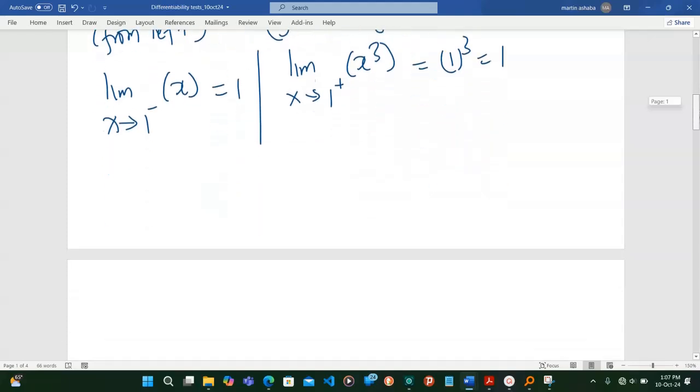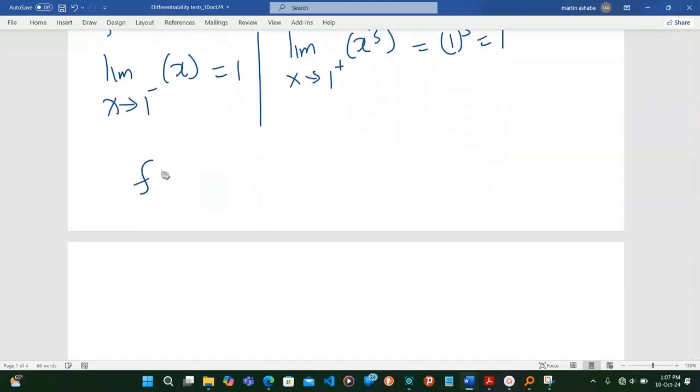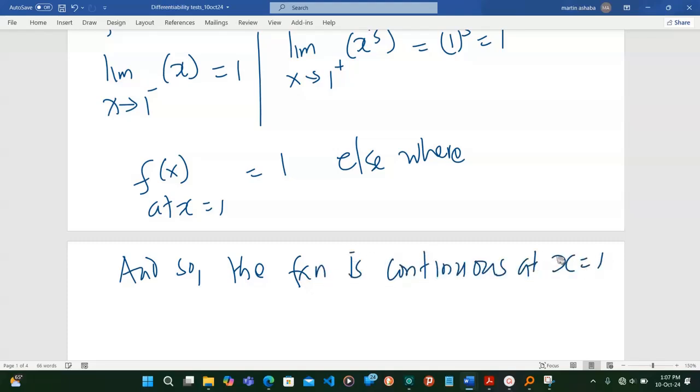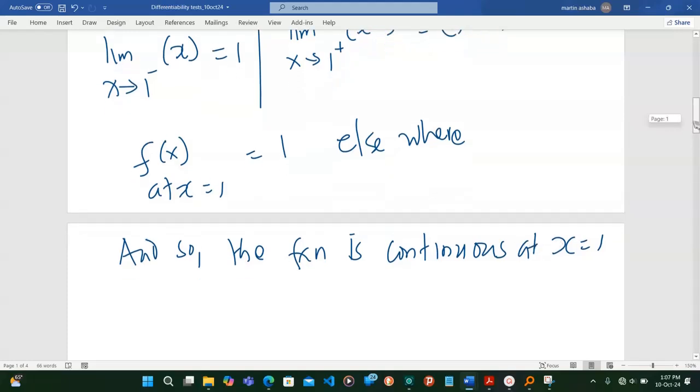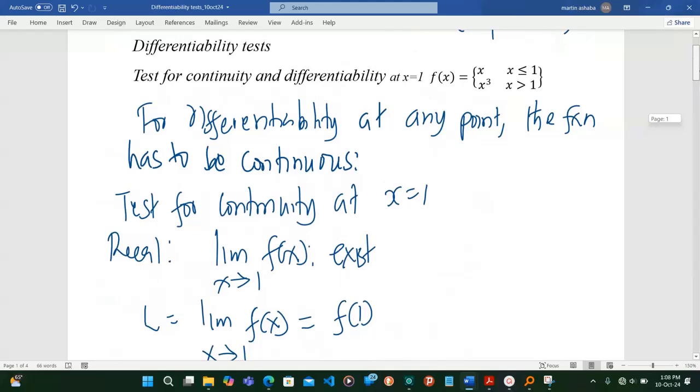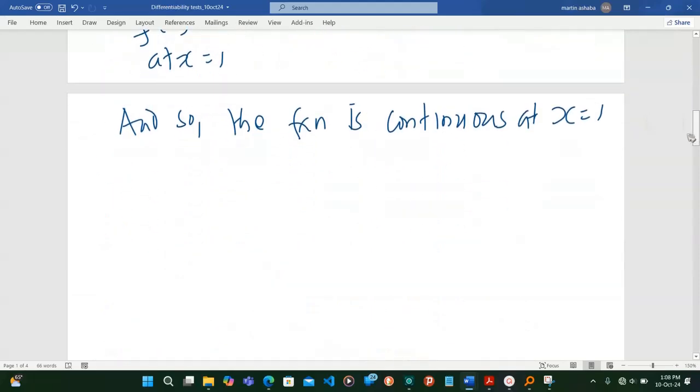And it can be seen that f of x at x equal to 1 is equal to 1 as well. And so the function is continuous at x equal to 1. We have seen that the function is continuous at x equal to 1, so the continuity test is done.